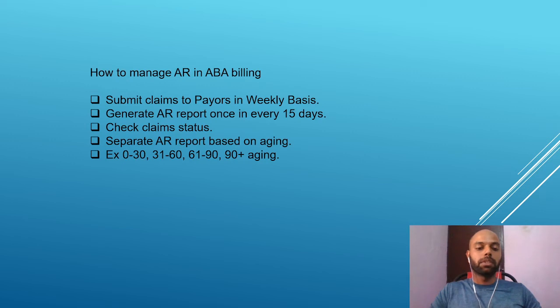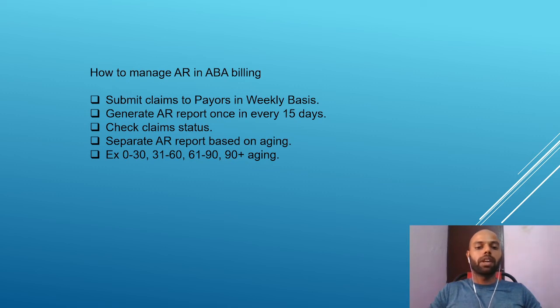And the next step is to separate the AR report based on aging. Once they have said the claim is on file, you can go for the AR report. Separate the AR based on aging: 0 to 30, 31 to 60, 61 to 90, 90 plus.